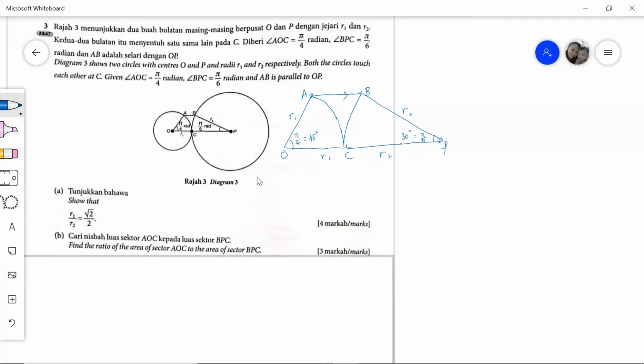Now, we know that the perpendicular height here is equivalent on both sides.